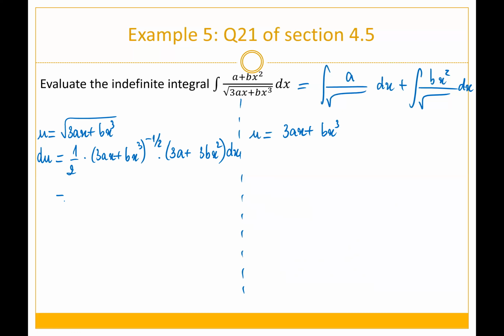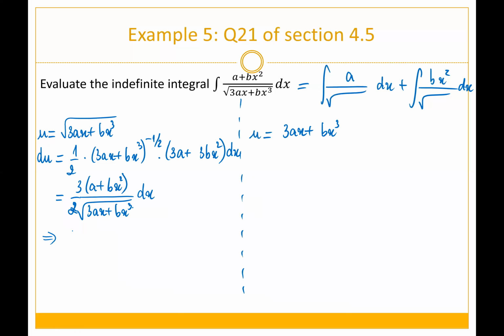Always remember the dx. You can take the 3 out, so 3 over 2 square root of 3ax plus bx cubed, and then we have a plus bx squared dx. In this case, it can immediately give us almost the expression that we have.